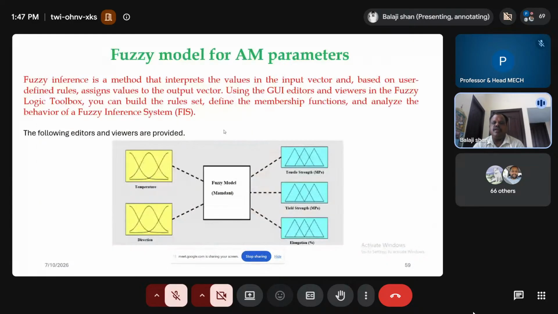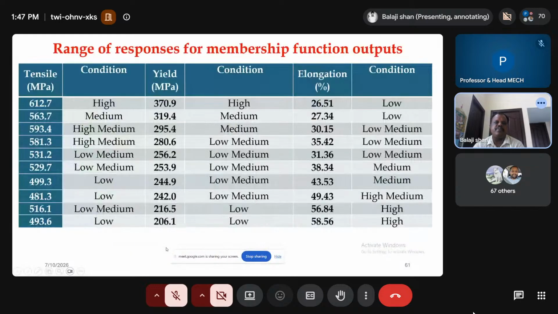Previously, I selected three output responses: tensile strength, yield strength, and elongation. Based on the mechanical test, I collected the tensile strength values of 612, 516, 593, 581, 531, 529, 499, 481, 516, and 493. Similarly for the yield strength, and similarly for the elongation.